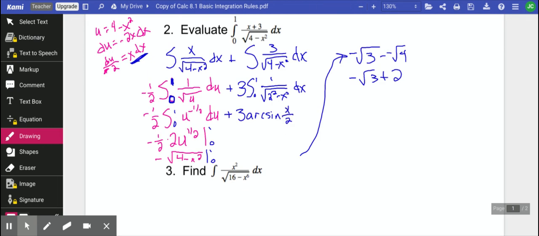Okay. And we are evaluating from 1 to 0. So we have 3 arcsine of 1/2 minus 3 arcsine of 0.